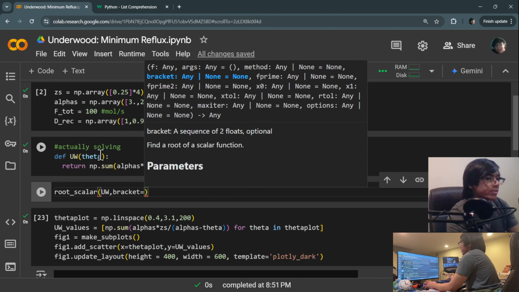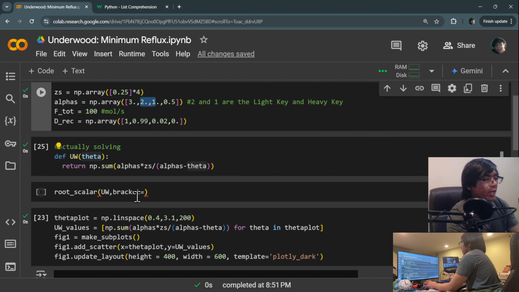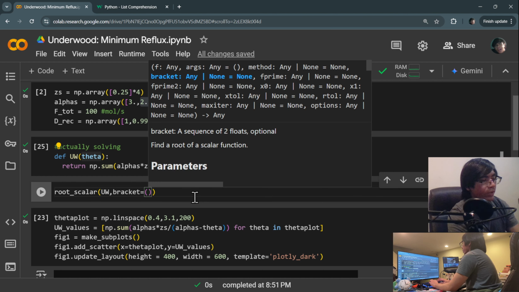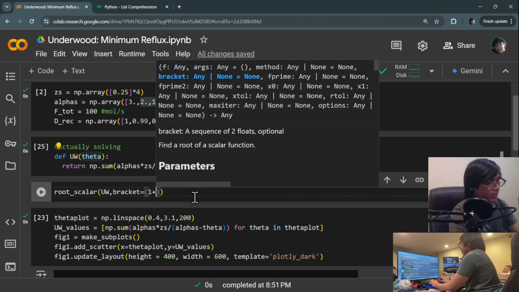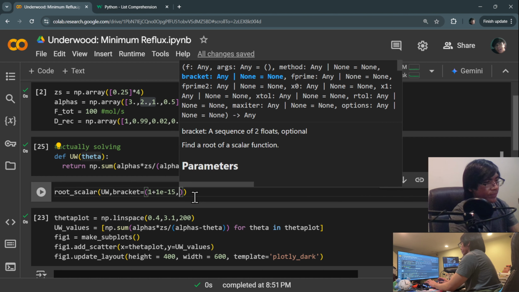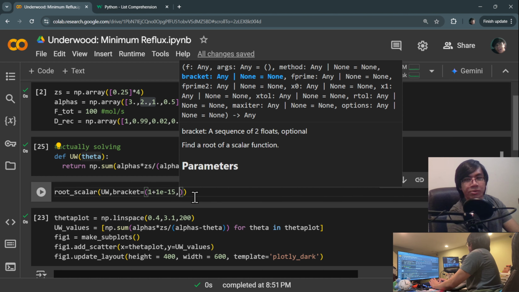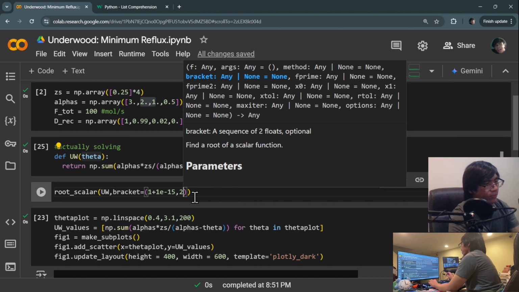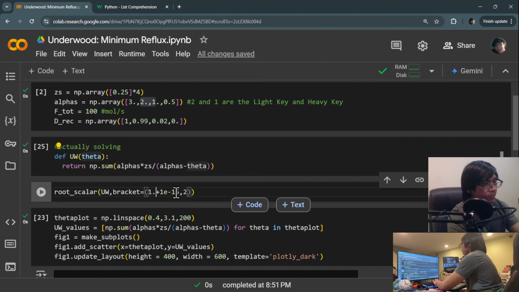And remember, this theta we're looking for in between our light key and heavy key. And remember, we have to specify that it's a little bigger than the lowest bound. So 1 plus, and then maybe 1e-15. I think in class we did 1.01, and that worked too. But just to be consistent with what we did before, put a float here, put a decimal.